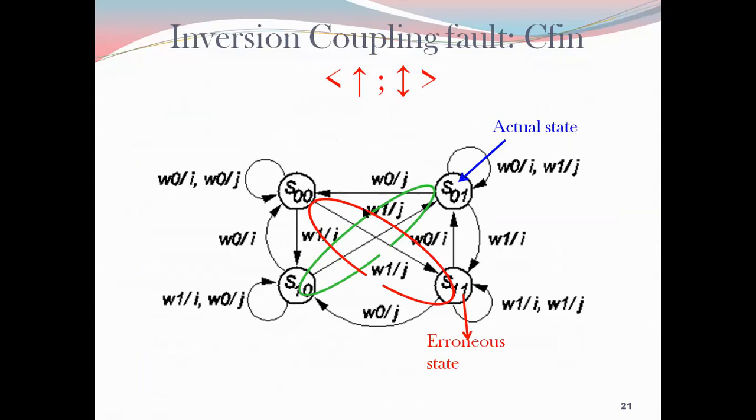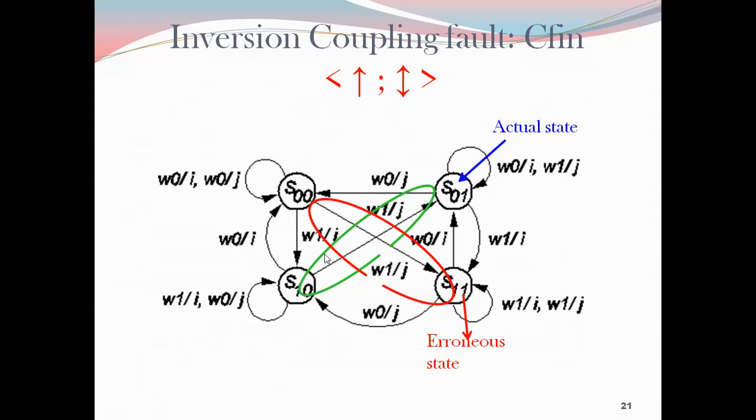See the transition. I'm trying to write 1 to my J and this transition is coming here instead of going here. So this is the state which I expected, but I am landing in an erroneous state, that is S11.